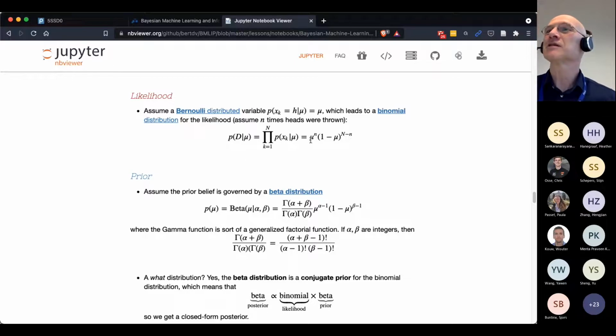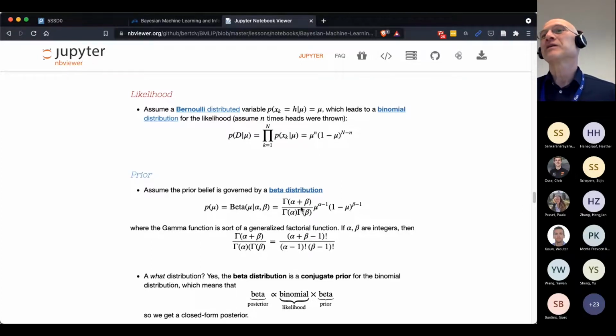Then the next question is, now if you get observations and you want to learn about mu, you first have to state, you are forced to, well, what do we know about mu before I start throwing these coins, before I make the observations? You don't have to choose a beta distribution, but the nice thing about the beta distribution is that you have to multiply the likelihood with the prior.